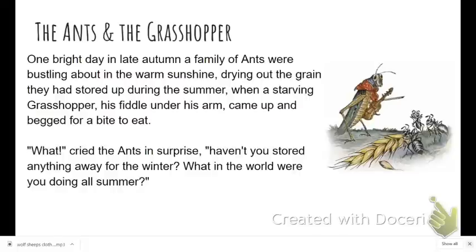One bright day in late autumn, a family of ants were bustling about in the warm sunshine, drying out the grain they had stored up during the summer when a starving grasshopper, his fiddle under his arm, came up and begged for a bite to eat. "What?" cried the ants in surprise. "Haven't you stored anything away for the winter? What in the world were you doing all summer?"